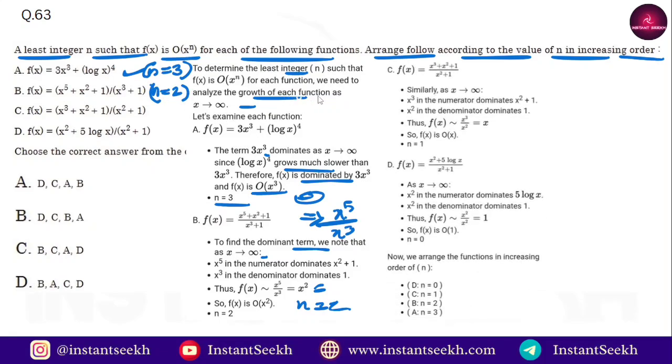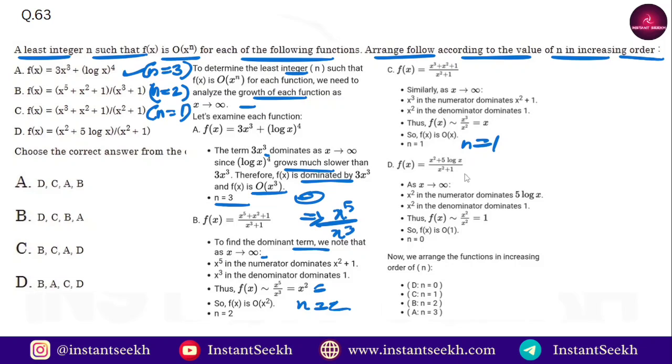Next, we have similarly x cube plus x square plus 1 divided by x square plus 1. The numerator x cube dominates x square plus 1. So again x cube by x square gives us x. So your n value will become 1, n equal to 1.